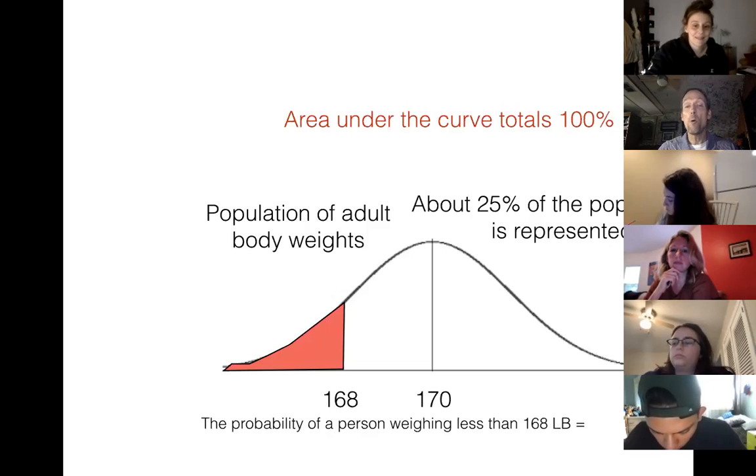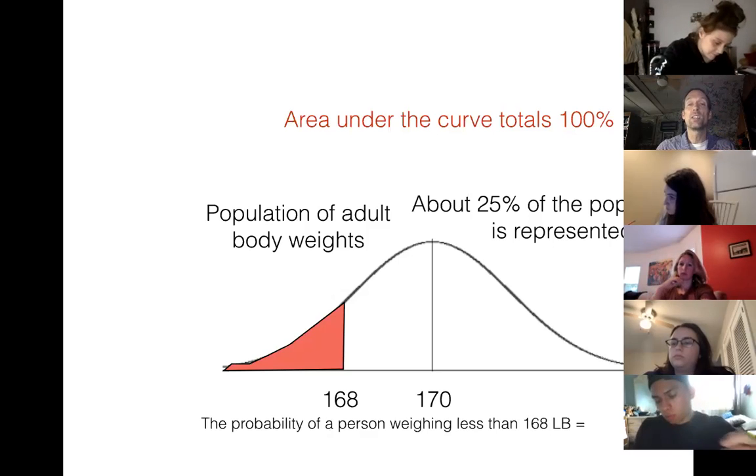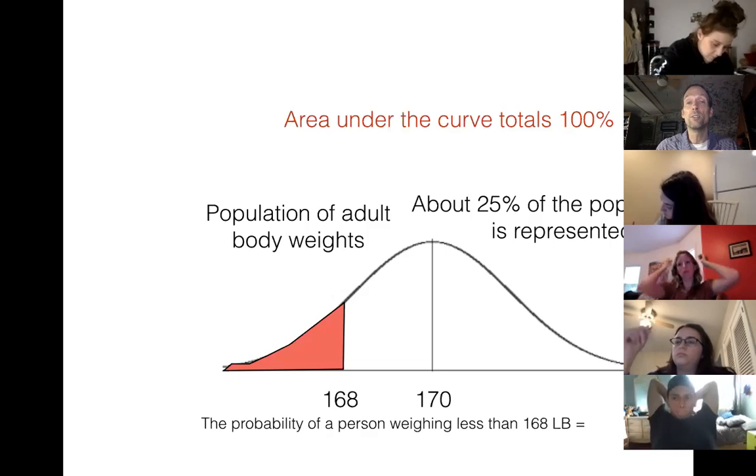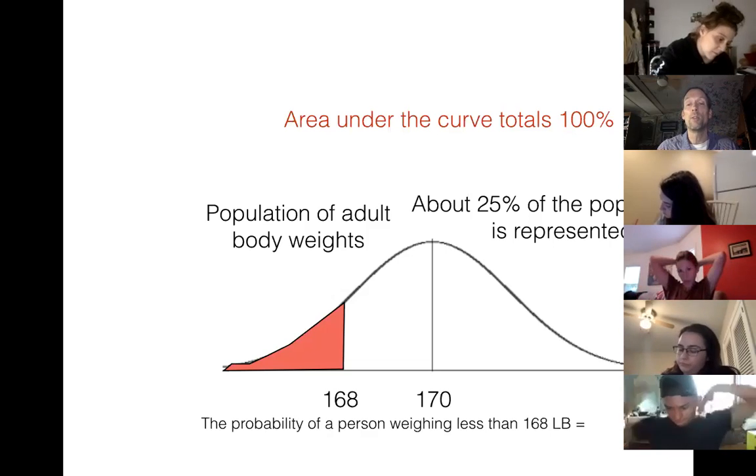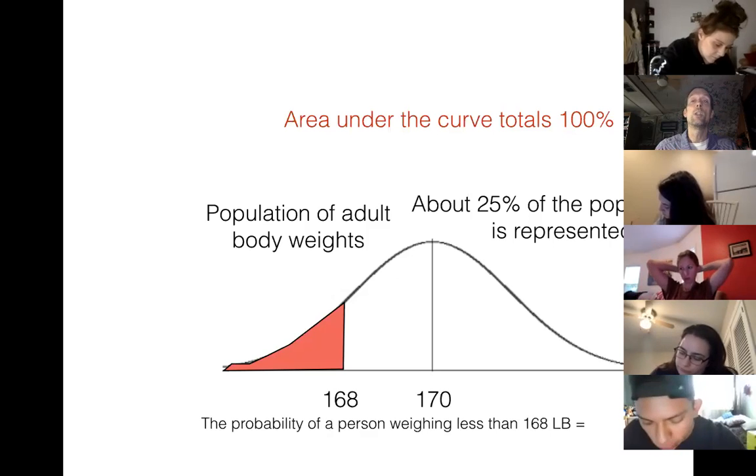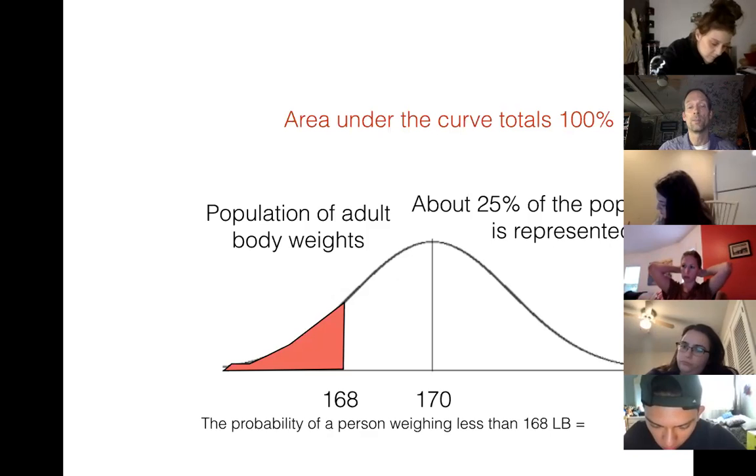Because if we know that it's accounting for 25% of the area of the curve, that must mean that the chance that the next person we meet weighs less than 168 pounds would have to be 25%, because we're only talking about 25% of the population that has this characteristic. Does that make sense, Aaron? Yes, thank you. All right, awesome.